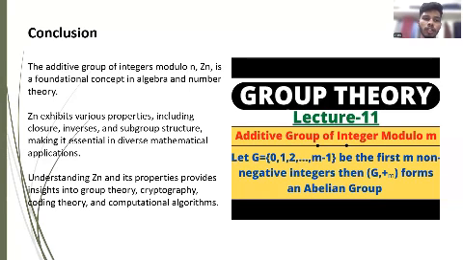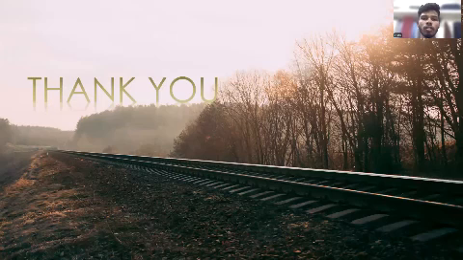Understanding the additive groups of integers modulo n and their properties provides insights into group theory, cryptography, coding theory, and computational algorithms. So this is all about the additive group of integers modulo n.